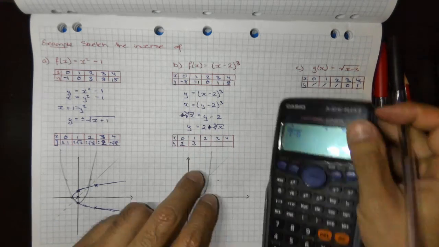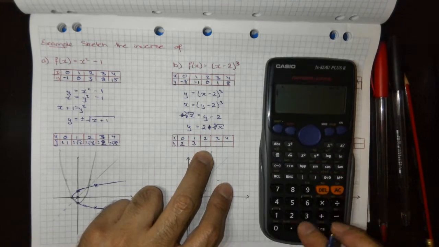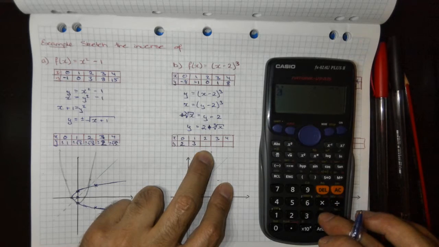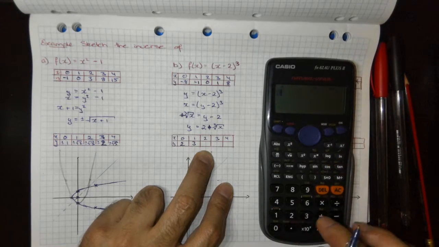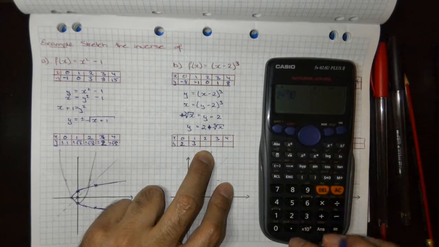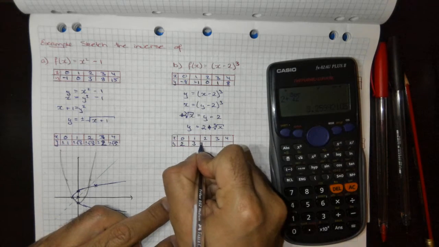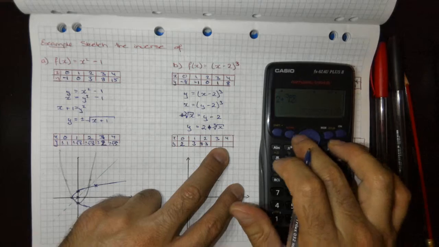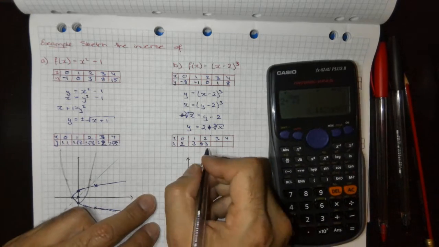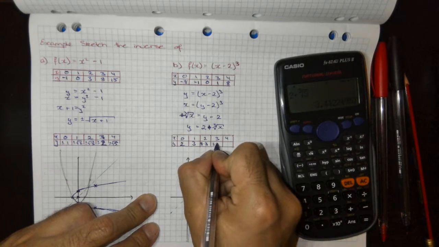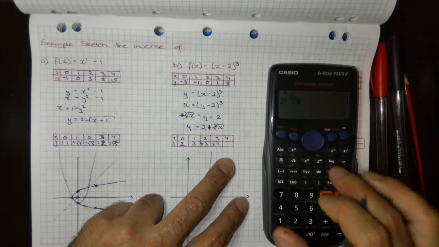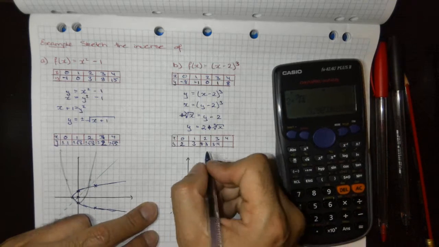We'll do these to one decimal place. 2 plus the cube root of 2 is 3.3, then 3.4 and 3.6.